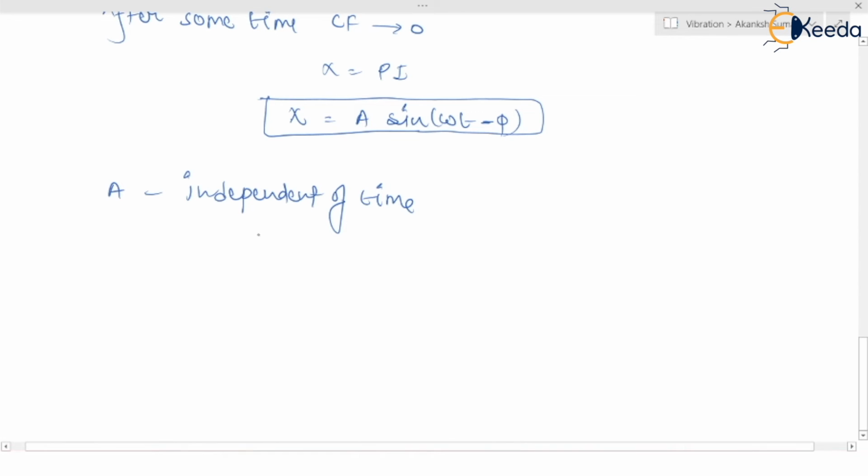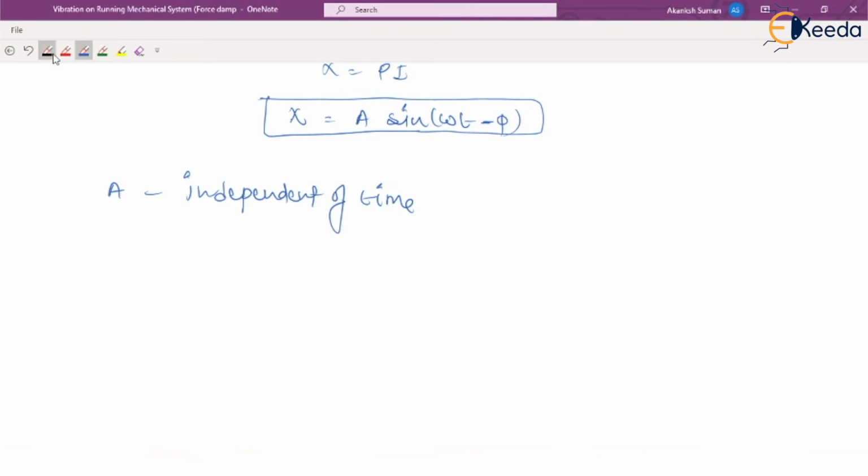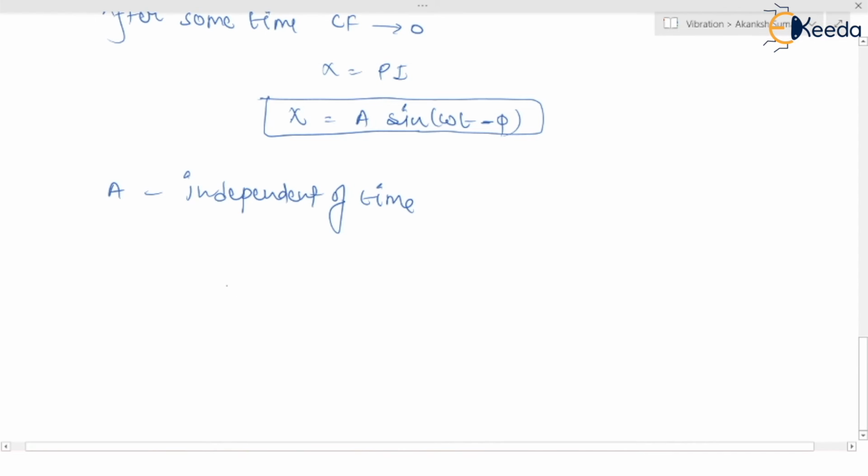Here I am going to show you the amplitude separately.